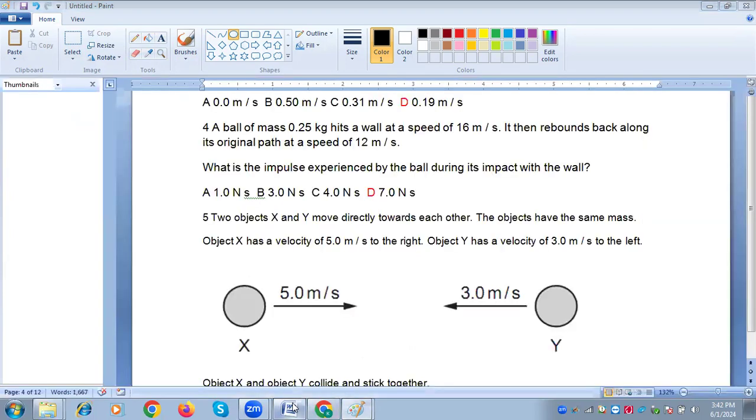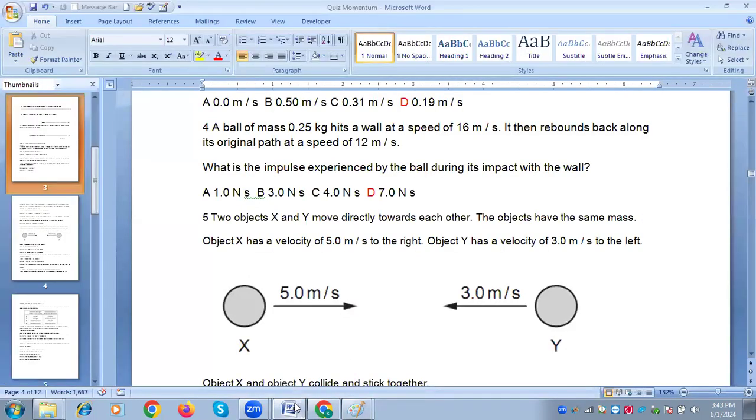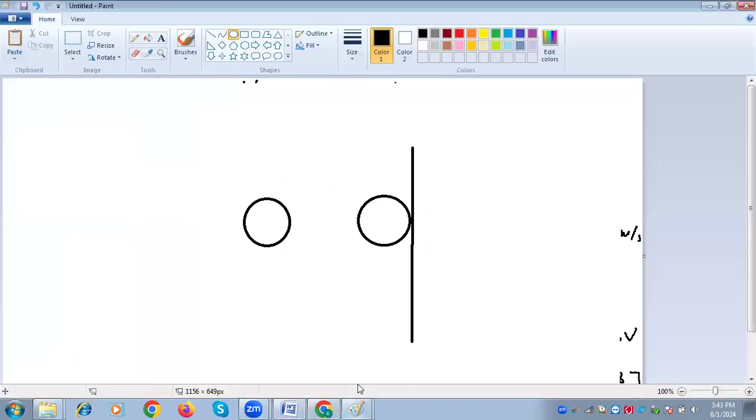With what velocity does it collide? The mass is 0.25 kg, and the initial velocity is 16. The velocity changes and the return velocity is 12 meter per second, that is 12 towards left. The ball is approaching with velocity towards right 16 meter per second. When it bounces off, the velocity becomes 12 meter per second, and now it is negative.